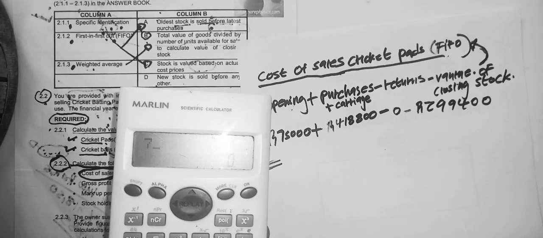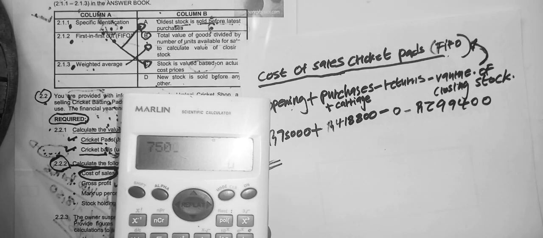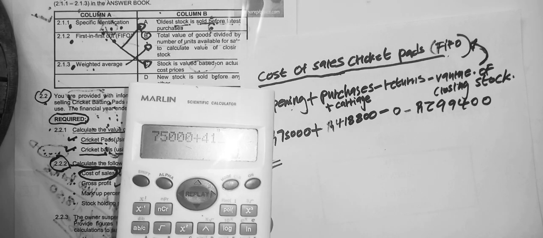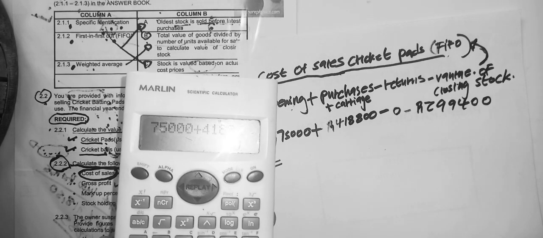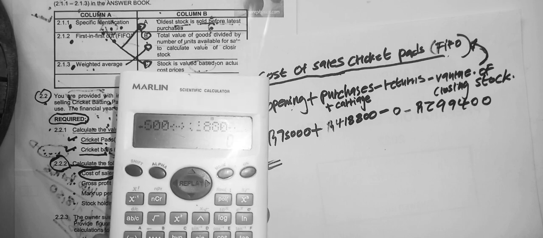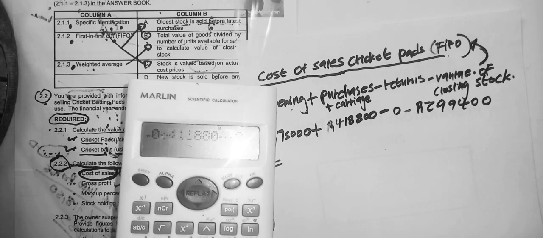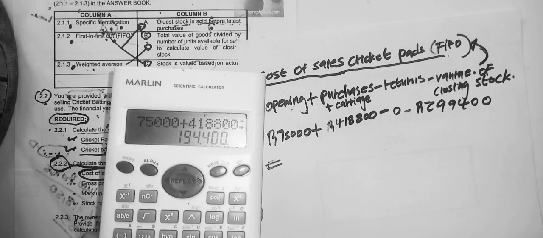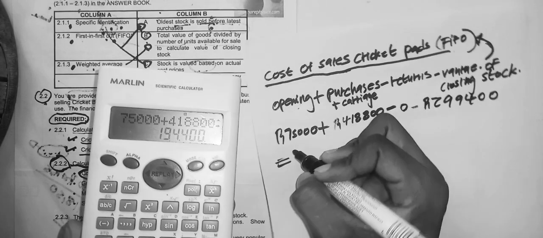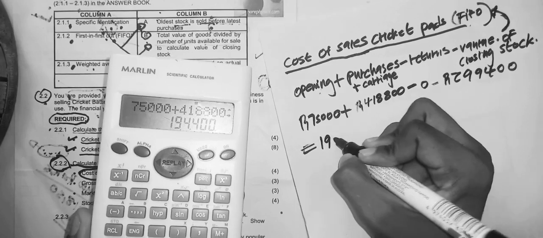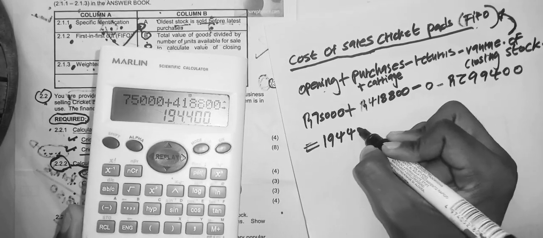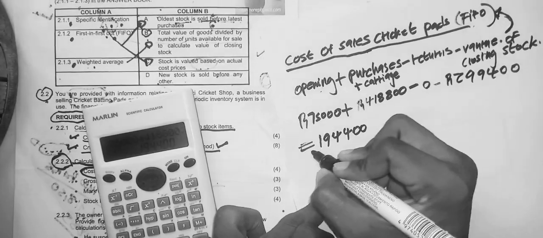It is 75,000 plus purchases, which is 418,800 minus returns, which is 299,400. Then we got an amount of 194,400. That's our cost of sales, guys.